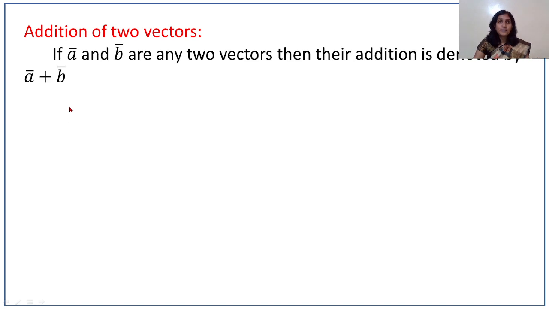Then next point is addition of two vectors. How do we add two vectors? If a bar and b bar are any two vectors, then their addition is denoted by a bar plus b bar. Addition by plus sign, a bar plus b bar. There are two laws of addition of vectors.